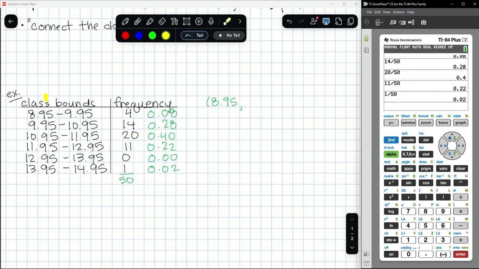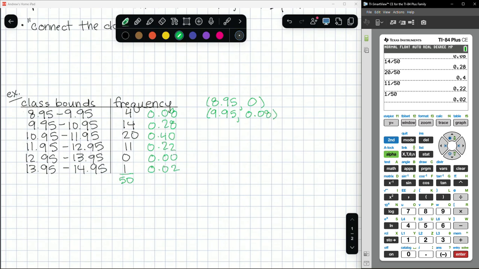If my smallest value is 9, I don't have any data that is less than 8.95. So the cumulative relative frequency, the sum of all the frequencies up to that value, is 0. And then I start working my way. At 9.95, I should have 4 people that are less than 9.95 in shoe size, and I know that's a relative frequency, a percentage, of 8%.